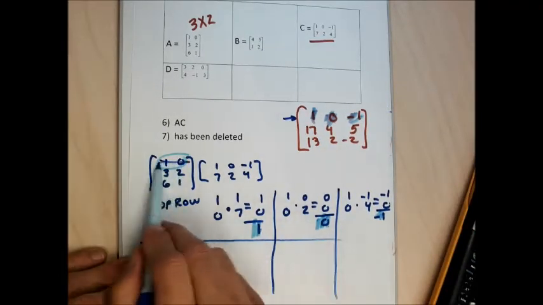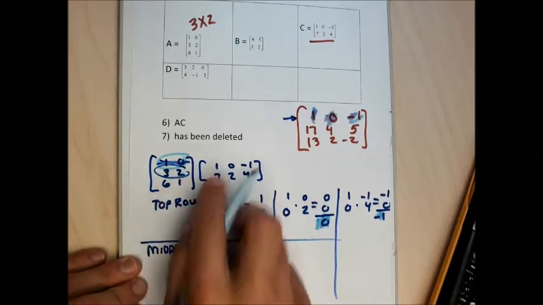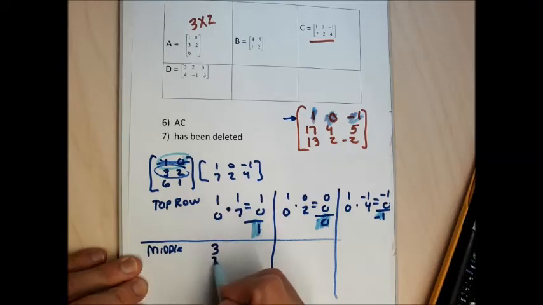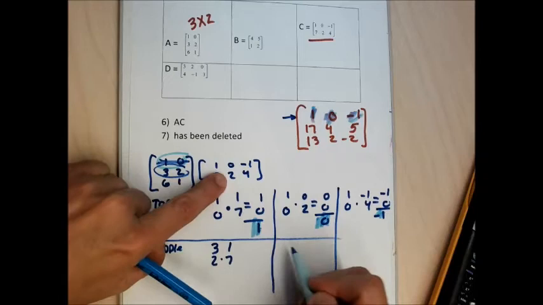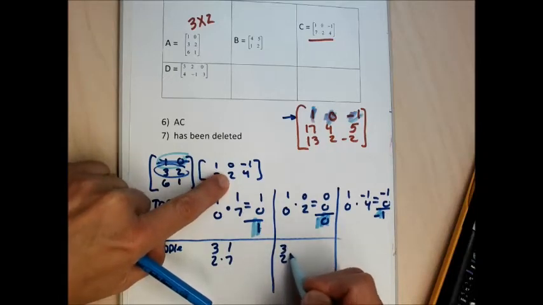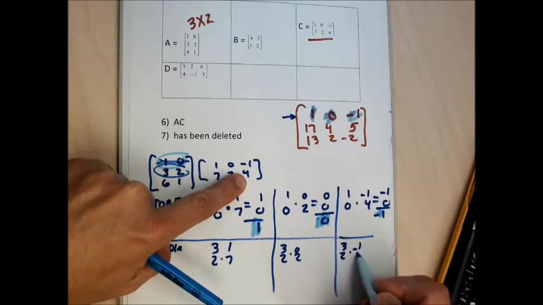I'm done with this 1, 0. I'm going to move on to this 3, 2. To get the middle row, I'm going to go 3, 2 times this 1, 7, and then 3, 2 times this 0, 2, and then 3, 2 times the negative 1, 4.